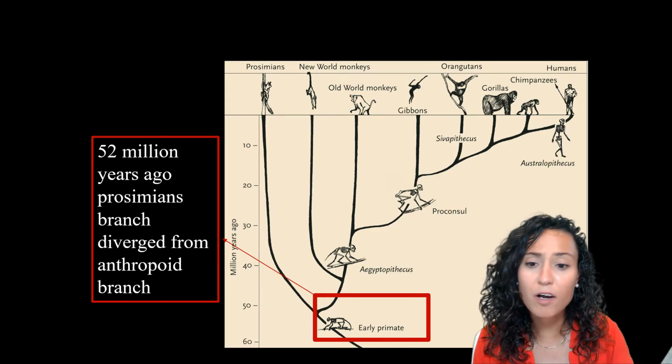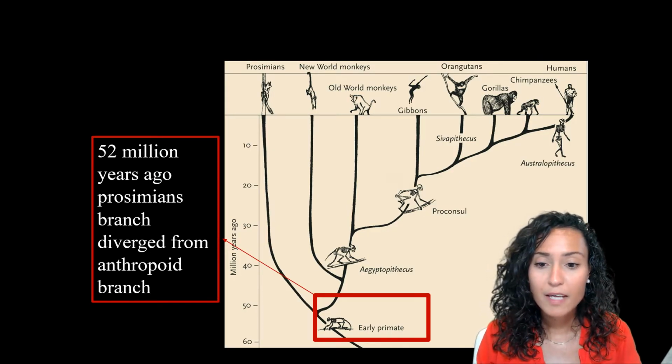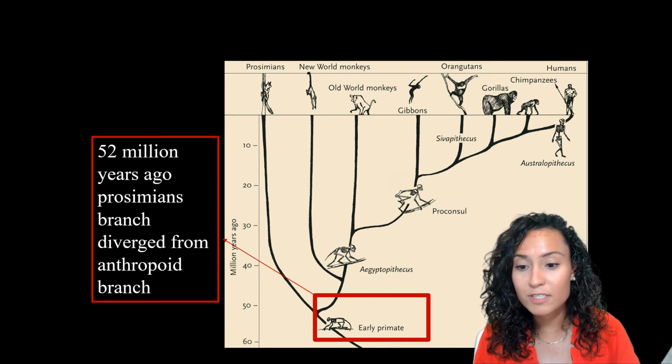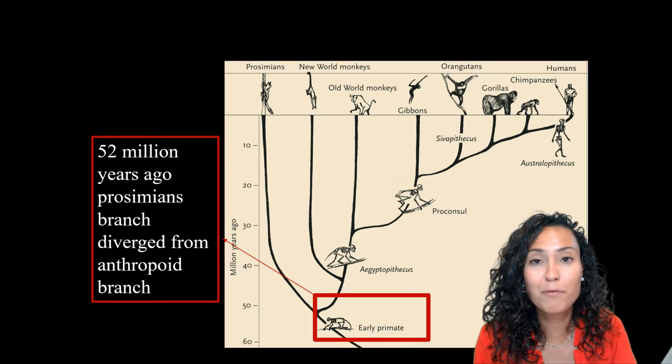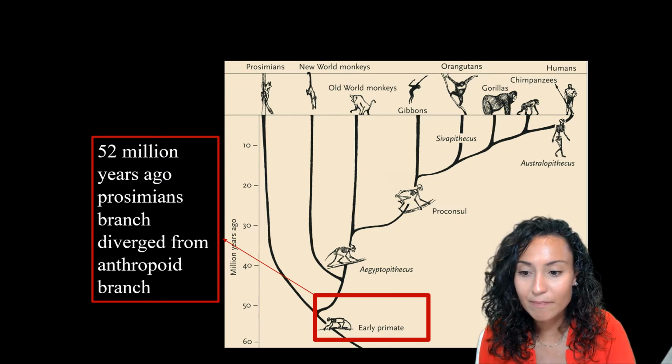Darwin basically argued that humans, apes, monkeys, and prosimians all share a common original primate ancestor.